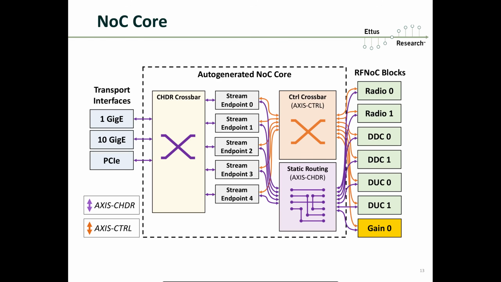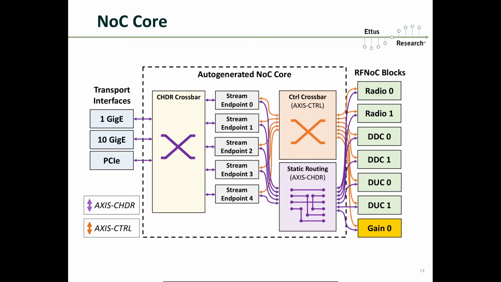Control packets tend to happen infrequently, and so we don't need as much throughput as we would, say, the CHDR crossbar, which needs high throughput in between every point. And so the nice thing about the control crossbar is that it has an efficient mesh topology that's been implemented.